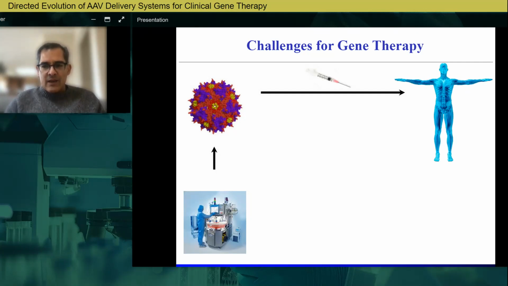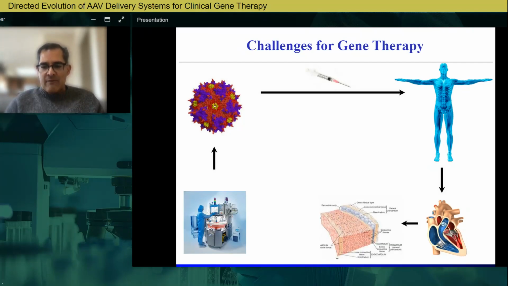Upon isolating and doing the downstream processing, the virus is administered, has to be able to home to a tissue or organ of interest, such as the heart after an intravascular injection, has to be able to extravasate out of the vasculature, penetrate the parenchyma of the tissue, find a target cell by engaging with the receptor on the surface of that cell, and undergo endocytosis. The virus has a mechanism to escape endosomes.